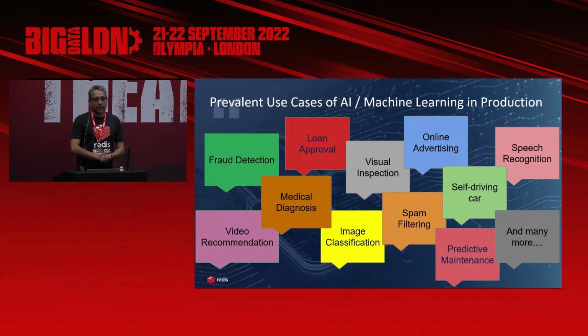Most of these models run in real time. And as they are real time, they are more valuable and important for the business, and they become mission critical. In this talk, I will talk about where Redis fits in and how it helps to deploy real-time AI.